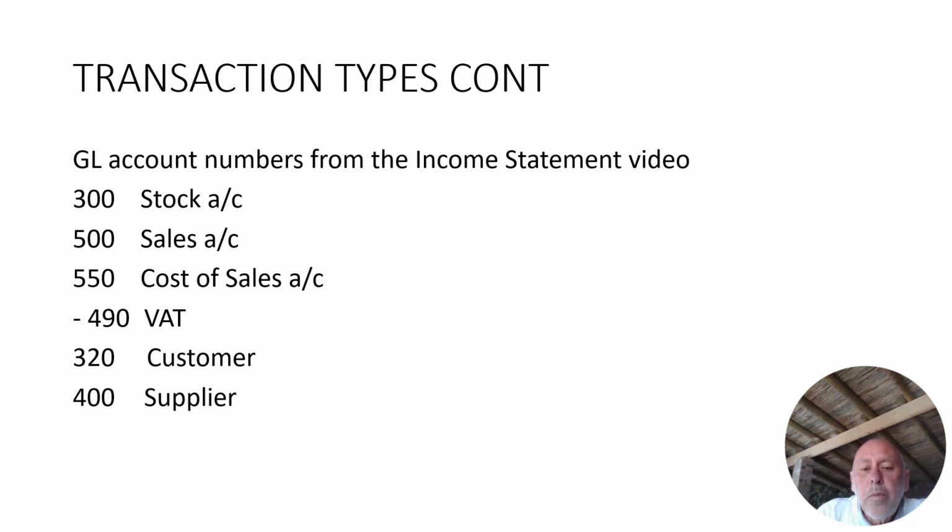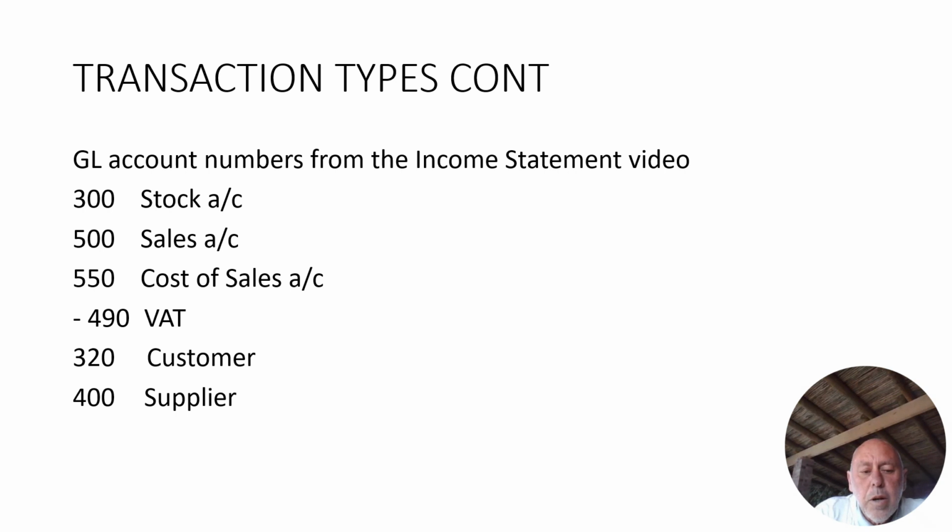So you've got your stock account with the account number of 300, a sales account with the account number 500, cost of sales 550. I've just put in VAT with 490 because it is a balance sheet item. And then your customer account 320, supplier account of 400.